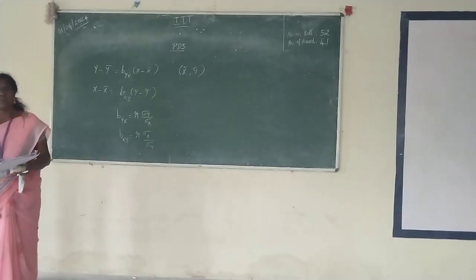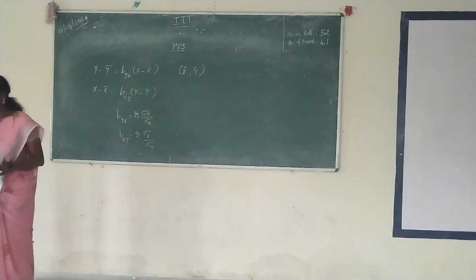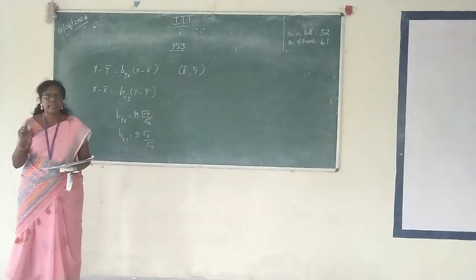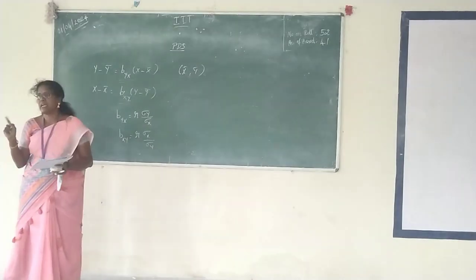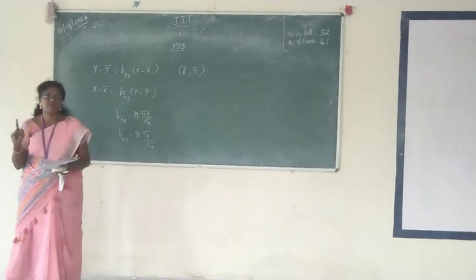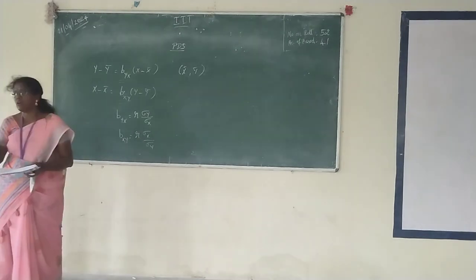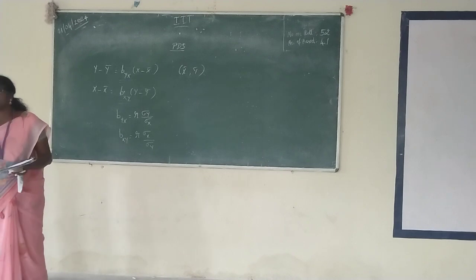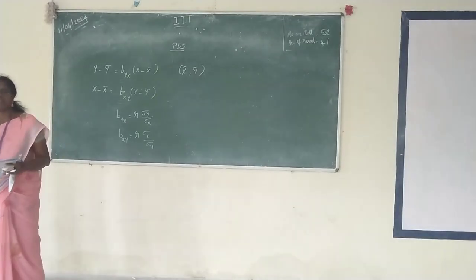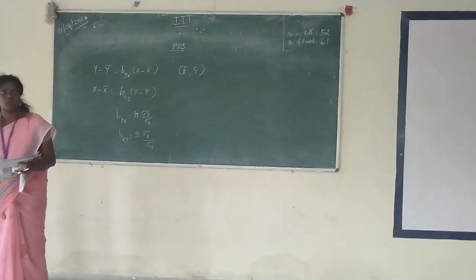Unity means what is the value of 1? So if one regression coefficient is greater than 1, the other one should be less than 1. In the majority of cases this will be satisfied. Maybe in one or two problems this may not be satisfied, but in the majority of cases this is the condition.